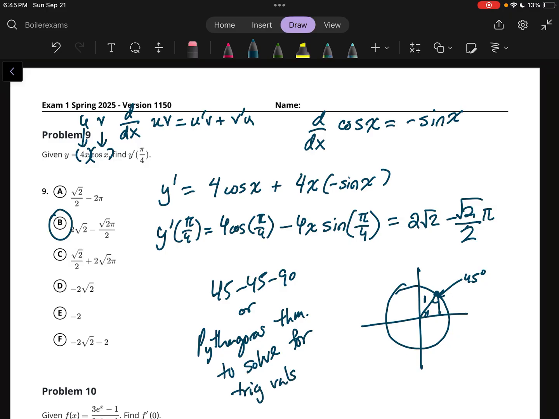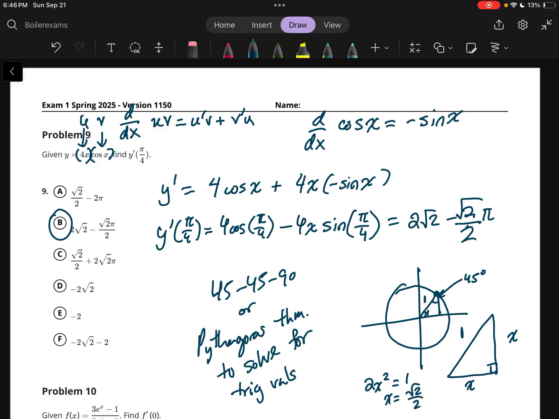I personally would use the Pythagorean theorem because according to the unit circle, the hypotenuse is 1, and since both angles are 45 and 45, they're equal to each other. So by the Pythagorean theorem, 2x squared is equal to 1, which means x is equal to root 2 over 2. Sine is equal to the y value divided by the hypotenuse.